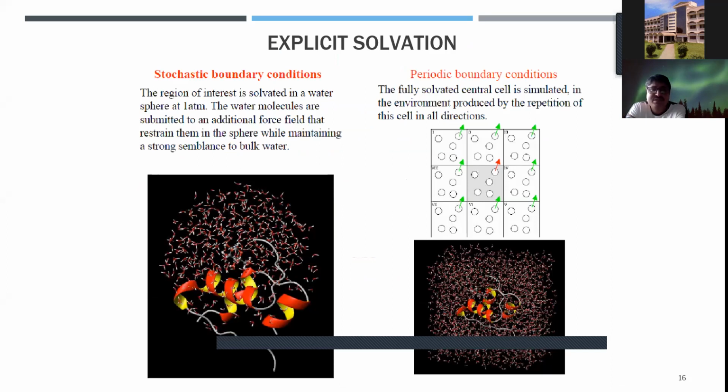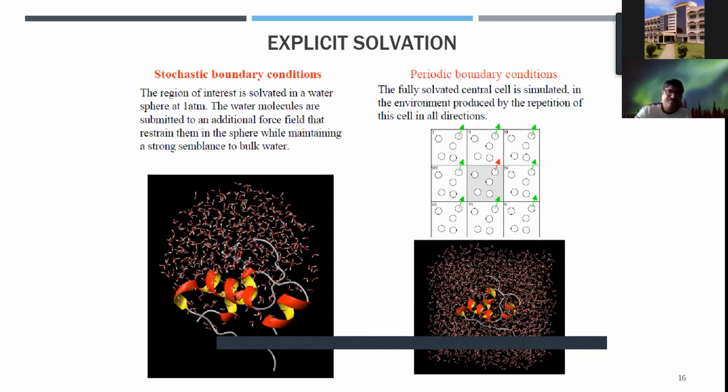SBC is a stochastic boundary condition where we hydrate a particular region of the protein and apply some forces, so water stays only in that region. This is more complicated to perform, but if we do this, the simulation time is reduced.